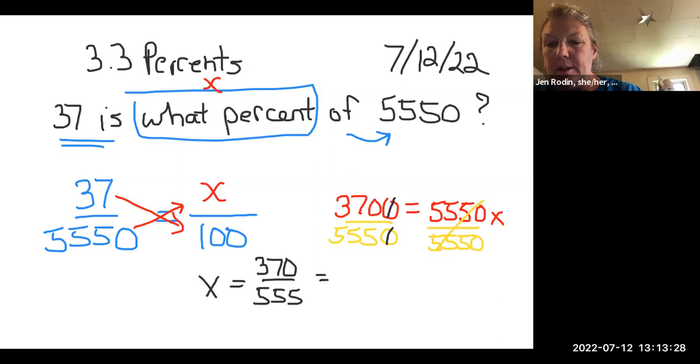We might as well just go by 5. So if we did it by 5s, 37 divided by 5 is 74. And 555. And then it feels like it's done.